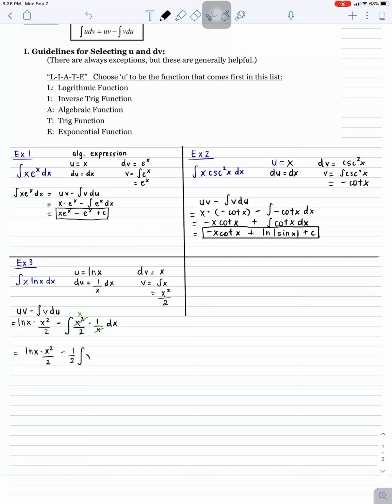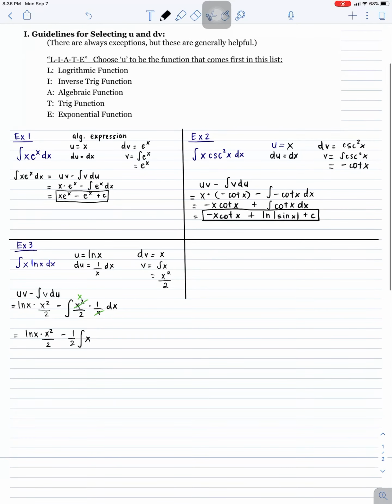Oh, and then I just have x. Okay, so now you're going to get ln x times x squared over 2 minus 1/2. What is the integral of x? That will be x squared over 2 plus c.